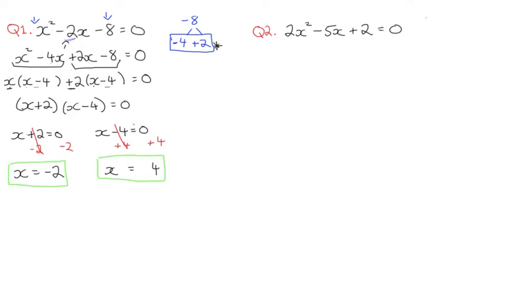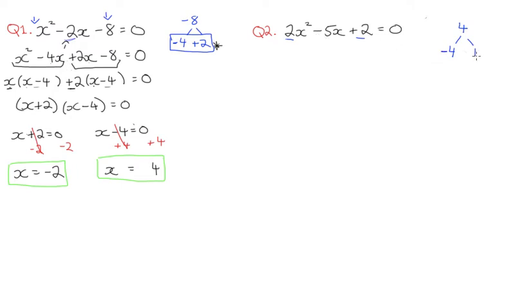Hopefully you've had a go at that sum, and let's go through it now. So 2 multiplied by plus 2, both plus numbers, so our answer will be plus, so 4. Now, what are the factors of 4 that when added together give me minus 5? Well, 4 multiplied by 1 is 4, and 4 plus 1 is 5, but I want it to be minus 5.